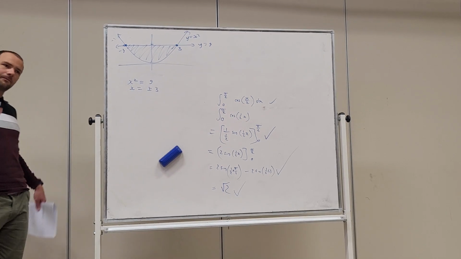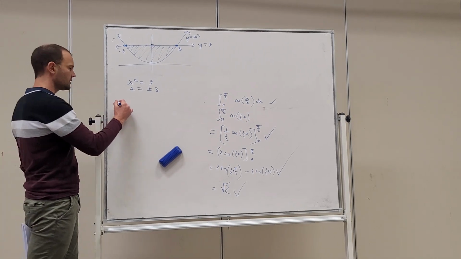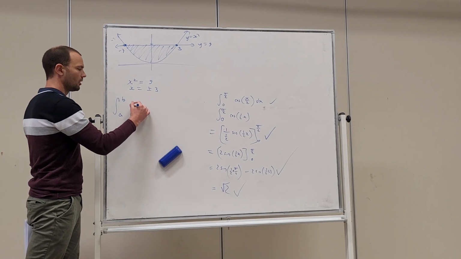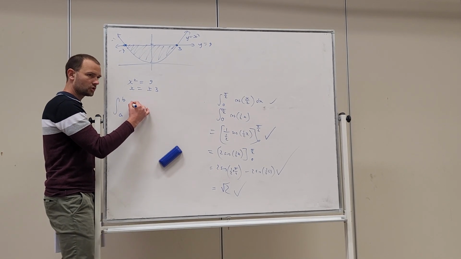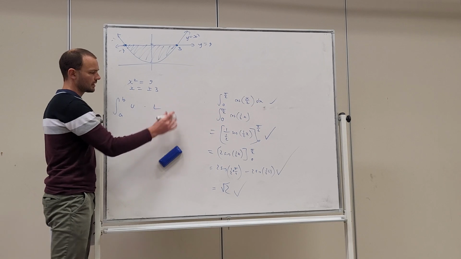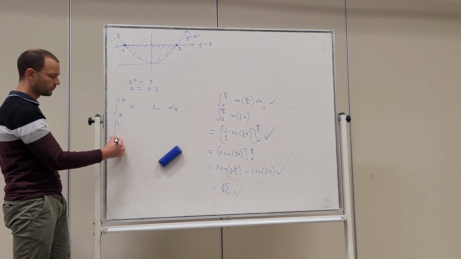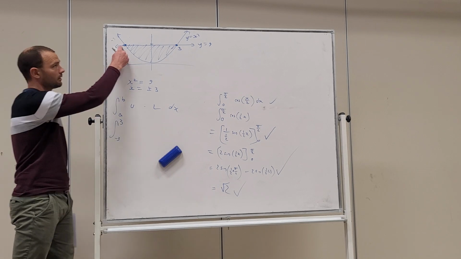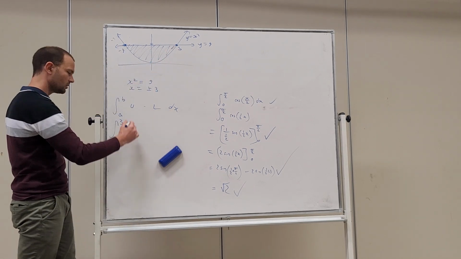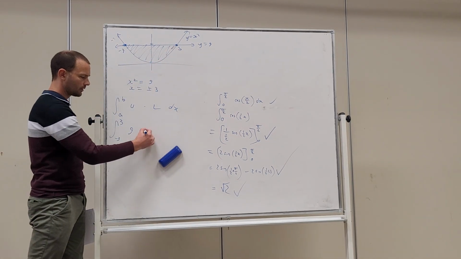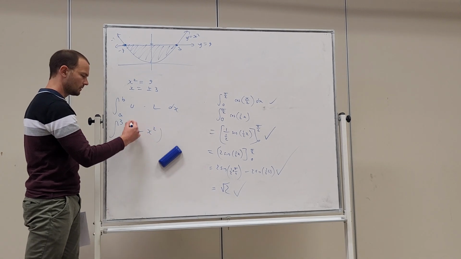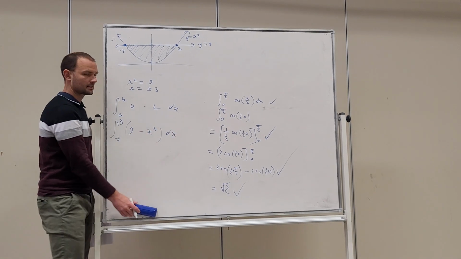Now remember, when we're finding area between functions, it's the integral from a to b of the top function, the upper function, take away the lower function. So we're going to have the integral from minus 3 to 3, where they intersect, of the top function, which is 9, take away the bottom function, which is x squared, with respect to x.